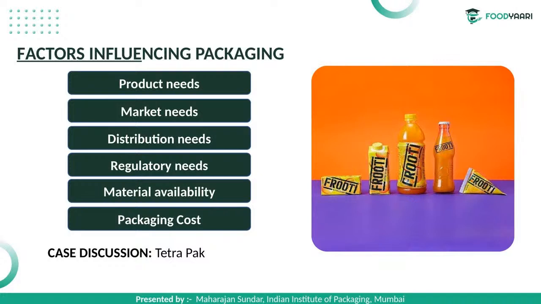So the packaging cost has increased, so the packaging designers and the manufacturers have to reduce the packaging cost. So what they decided is to go for an alternative straw made out of paper.